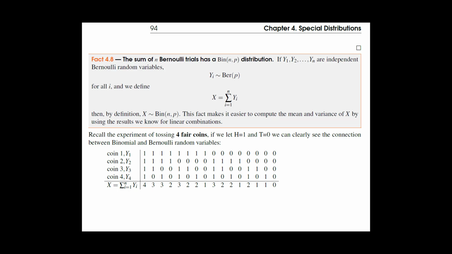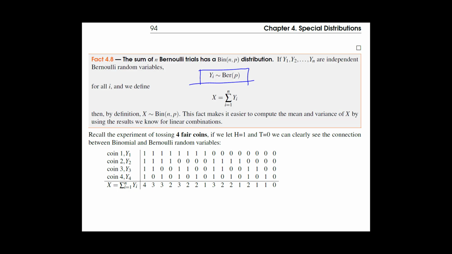It's important to note the relationship between binomial and Bernoulli. Let's define a Bernoulli random variable Yi, where i is just the index. We're going to toss the coin 10 times, so i will go from 1 to 10.